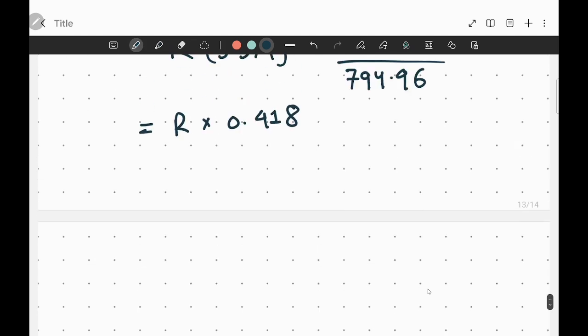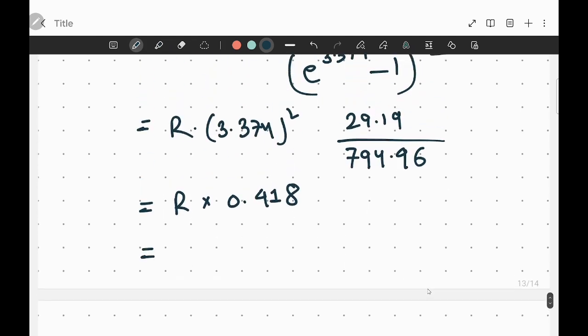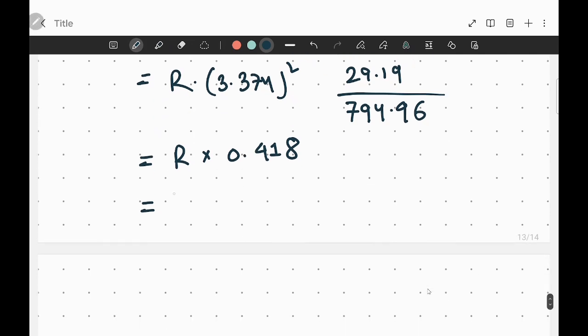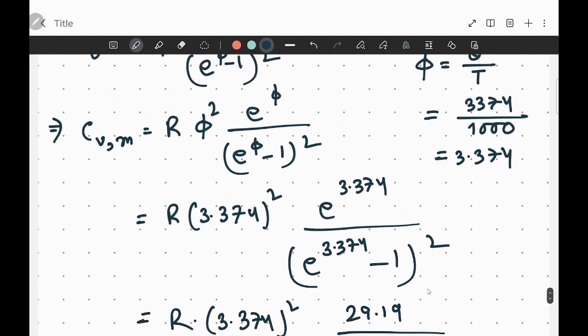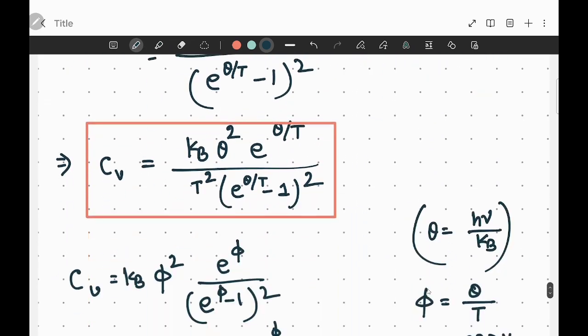And what is the value of R? 8.314 joule per Kelvin per mole. So it will be 3.4758 joule per Kelvin per mole. Okay, so this is our answer.